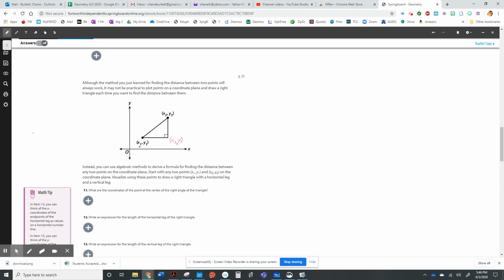We're saying x2 minus x1. So that's how far apart this one is. So the length of that line segment, and my triangle's kind of small, so I'm just going to blow it up over here, the length of this piece right here is going to be whatever answer we get when we subtract those two values, x2 minus x1.